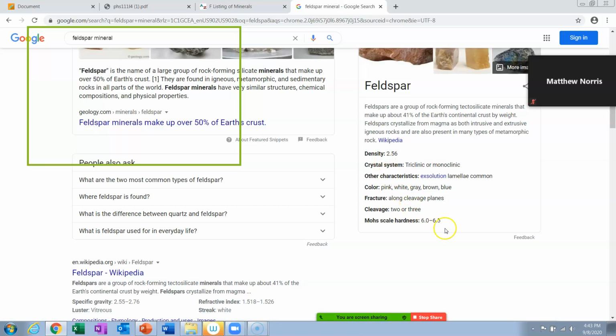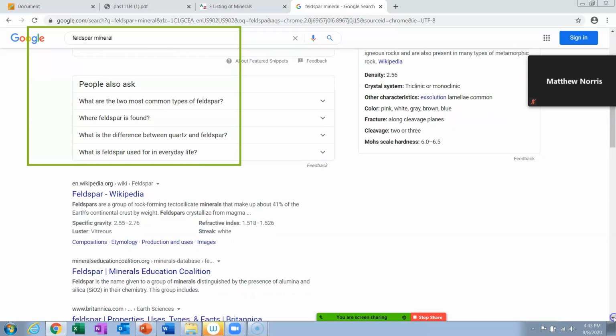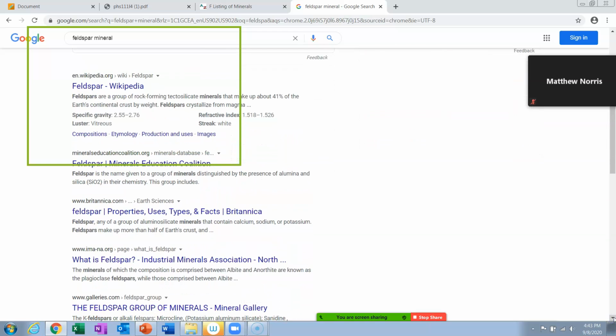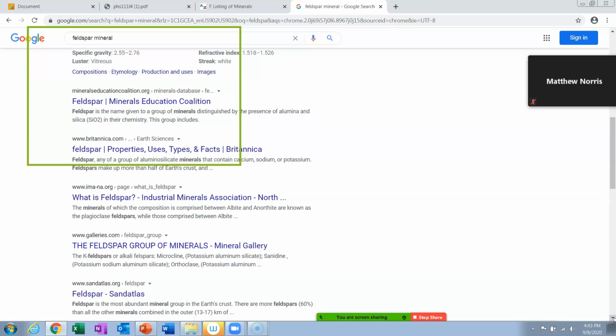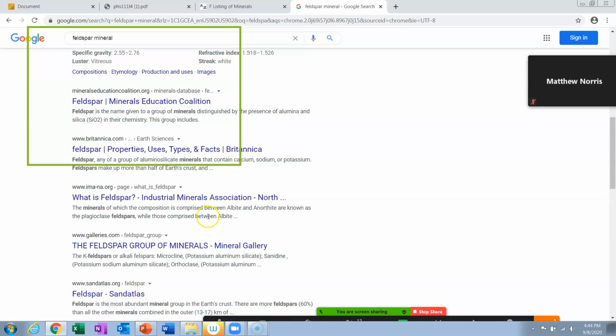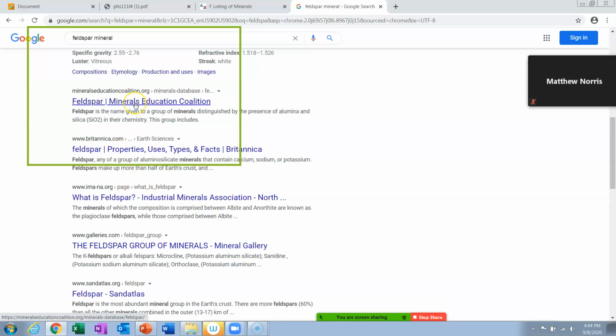You might be able to use some, but here's what I would suggest is you go on down here under feldspar, and you do see some of the information here, but not enough. So here it is, feldspar minerals education. You can use any of these places you want to.